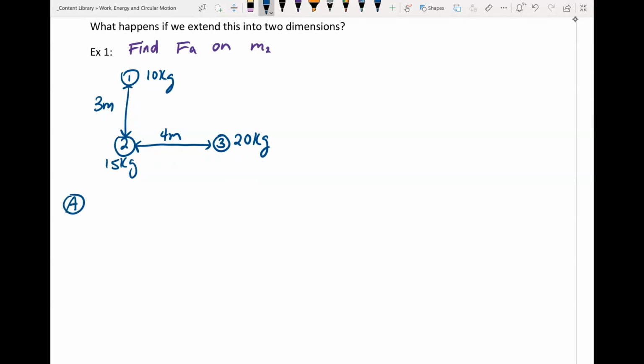The first thing we're going to do is consider the relationship to find FA on M2. So what we're actually calculating is the force of attraction of the second object, and this is how I'm going to denote it: FA subscript 2. This is going to be FA from 1 to 2 and FA from 2 to 3, which means that I need to find FA from 1 to 2, and I also need to find FA from 2 to 3.